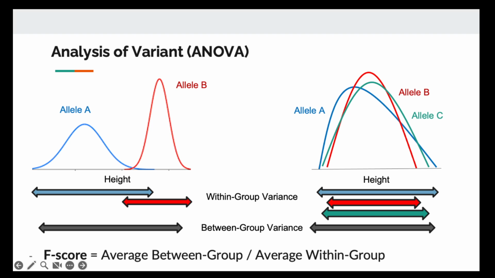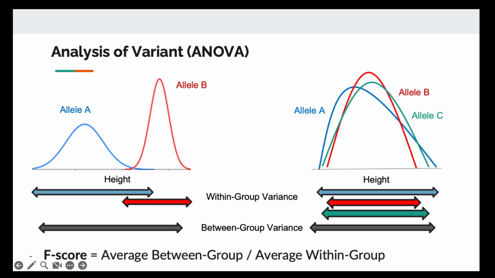If we compare the average variance between groups divided by within groups, what happens? If the genotype doesn't have much effect on the phenotype, this ratio will be close to 1, because you don't get any difference when you combine the animals together and calculate the variance.